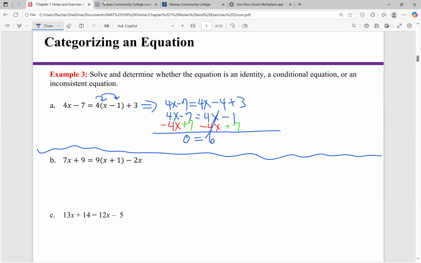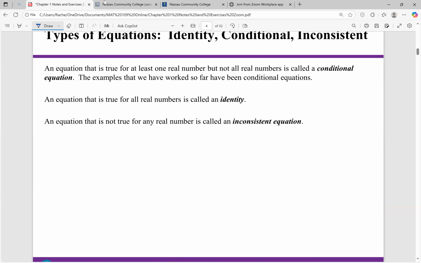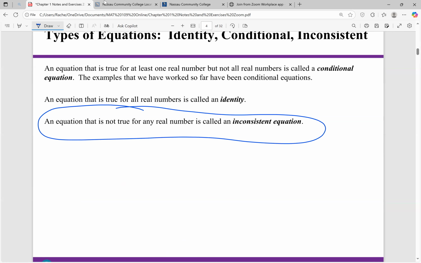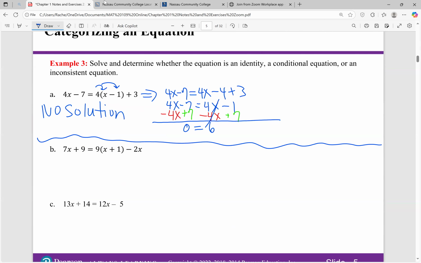This indicates to us that there's no solution. So there's no solution to this equation. And this would be an example. So an equation that's not true for any real number is called an inconsistent equation. So this is an example of an equation that is inconsistent because there's no solution.